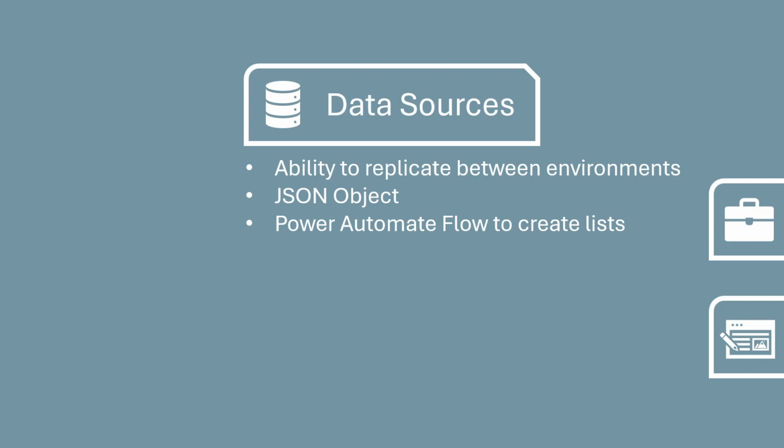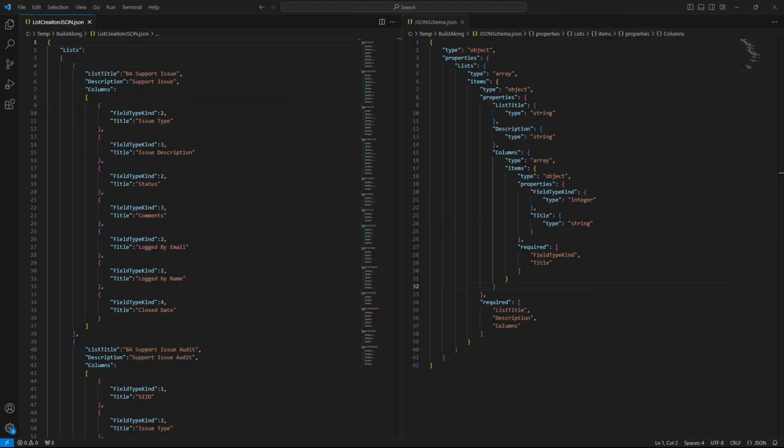What does that JSON object look like? Well, we can see the structure here. I have a central object called lists. Underneath that is another nested object. So we've got the list title, the description, and then columns. The columns, we have two different kinds.